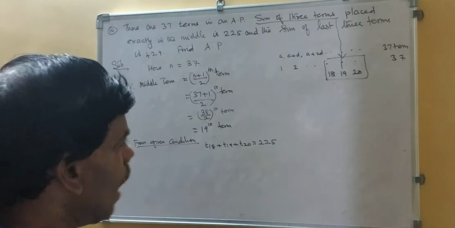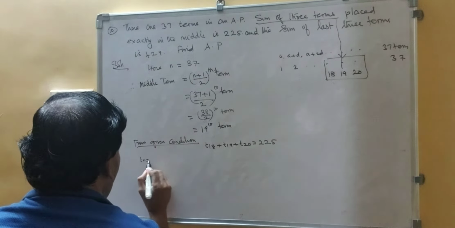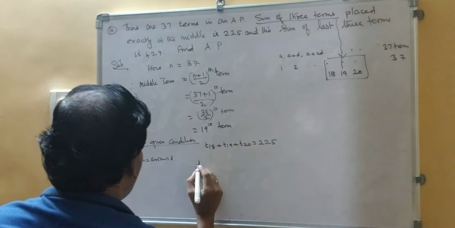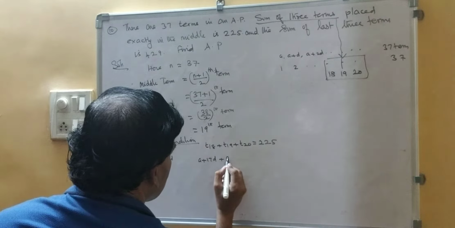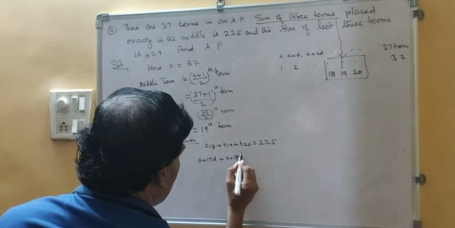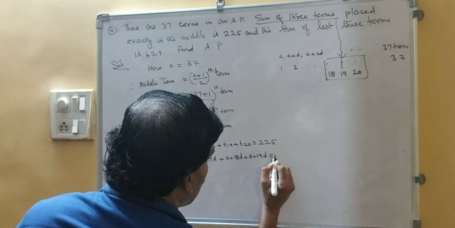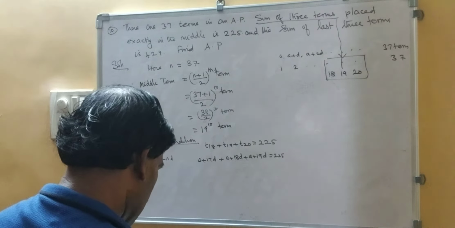Now, Tn formula, A plus (n minus 1) into D. So here we will write A plus 17D plus A plus 18D plus A plus 19D equal to 225. Right.